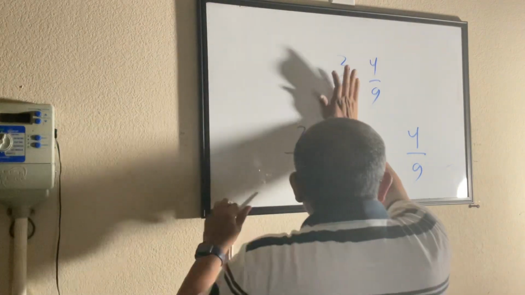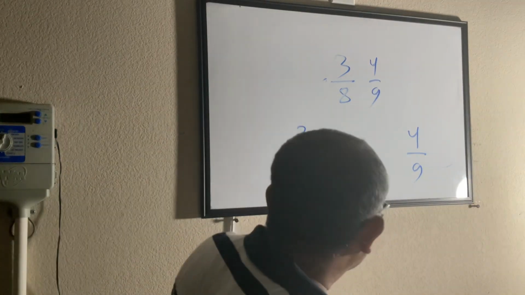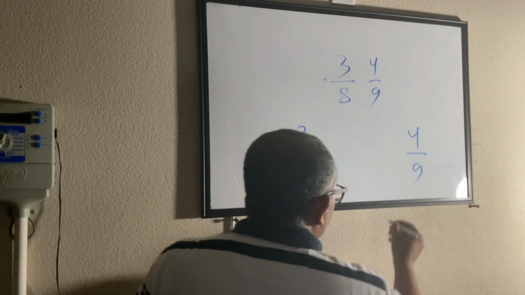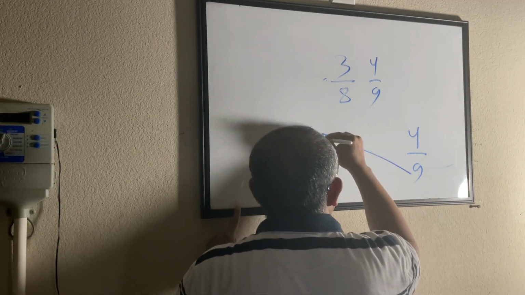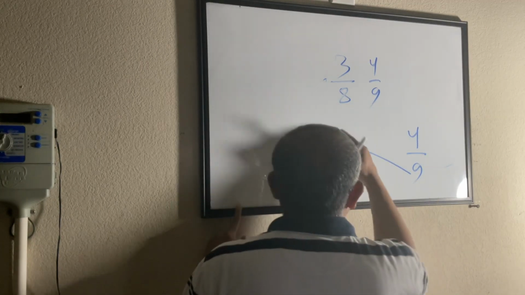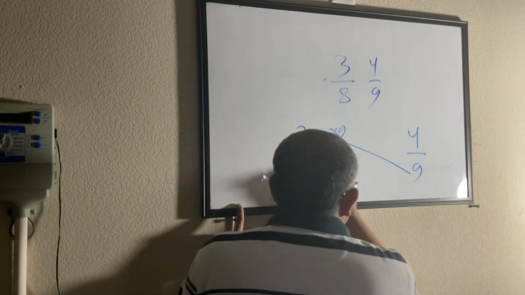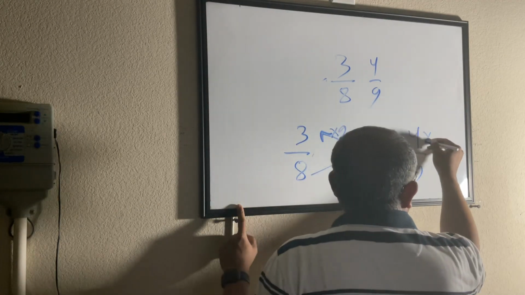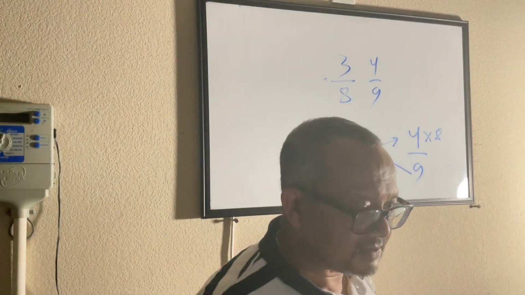So, in this case, now we are trying to find out an equivalent of this one. So, what Kian was saying was this. Bring 9 here, meaning multiply this by 9. And multiply this by 8. Can I do that? Yes.